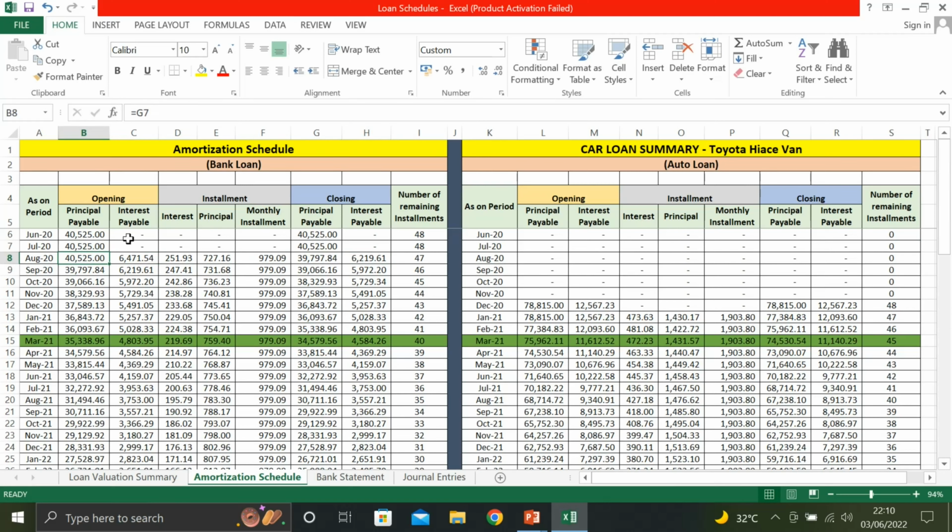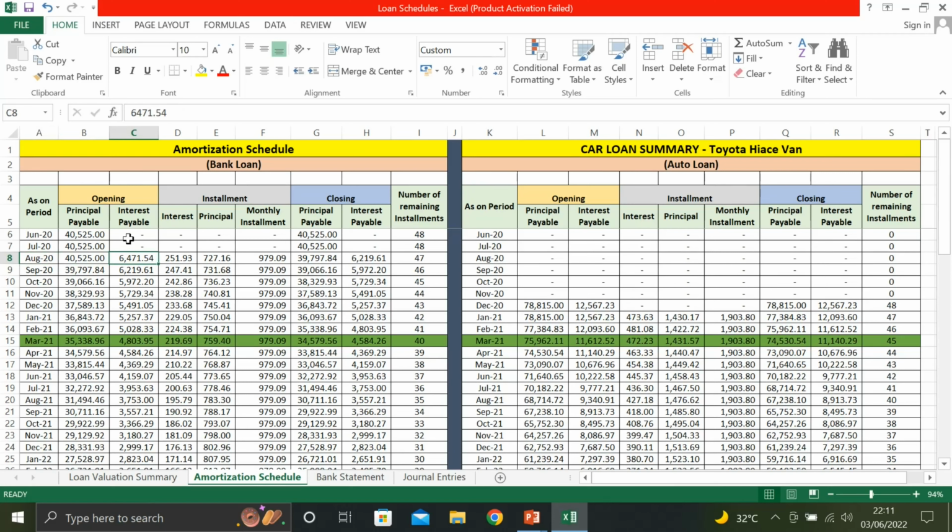The schedule is giving us the information for the principal payable amount, the opening principal payable amount for each month, and the closing principal payable amount for each month. Month wise we have a complete schedule.